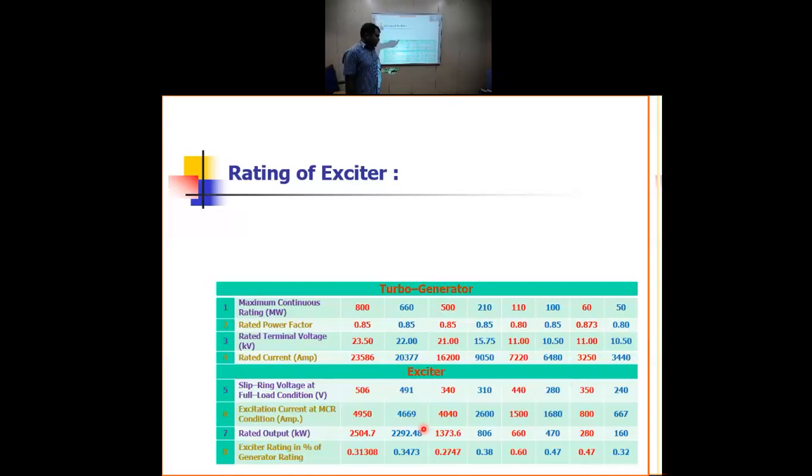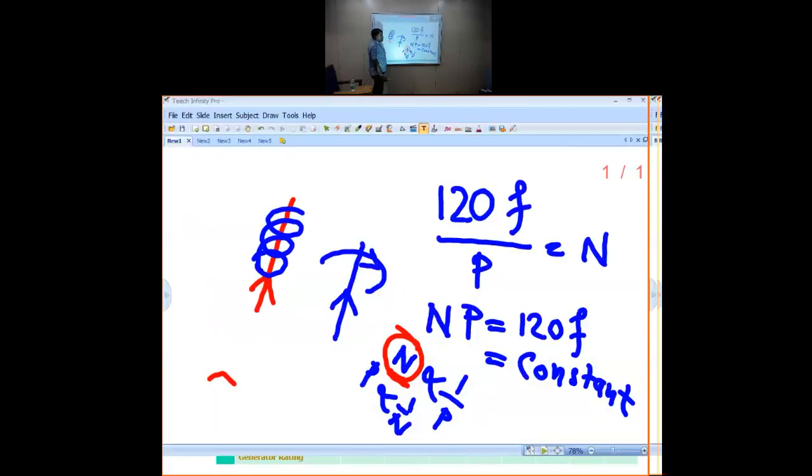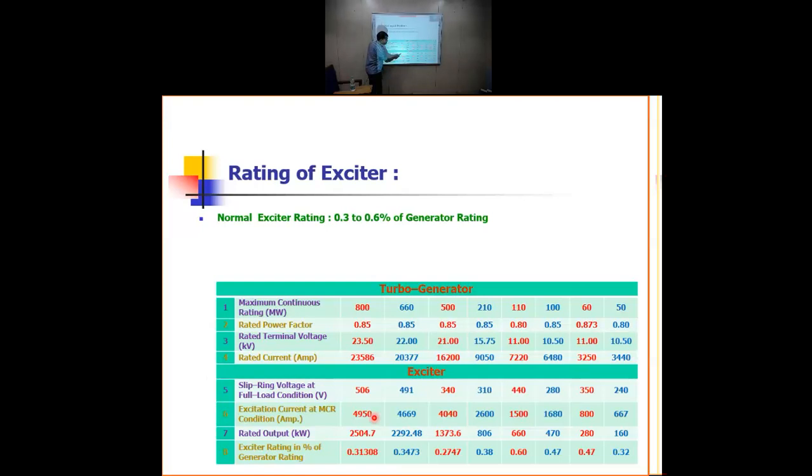Now you can see some other factors also. Normal exciter rating is 0.3 to 0.6% of generator rating. What is the meaning? It is an 800 megawatt generator. Now in the field structure, 506 volt, and this is the ampere or current which is required to create the 800 megawatt. So you just multiply these two, 506 and 4950.